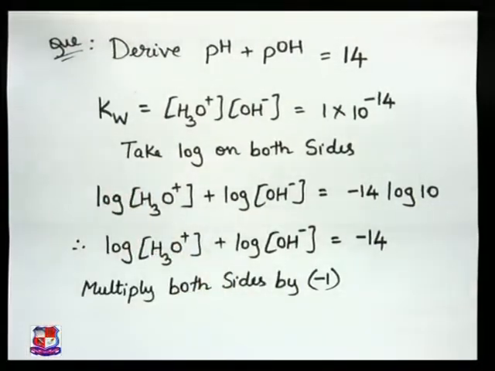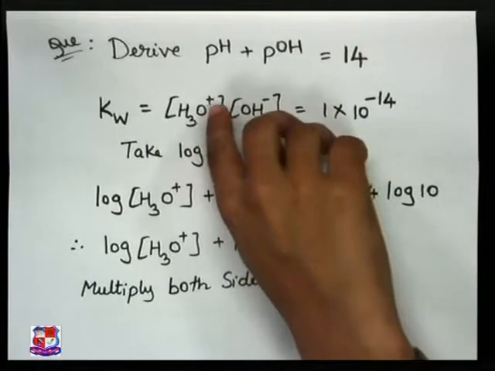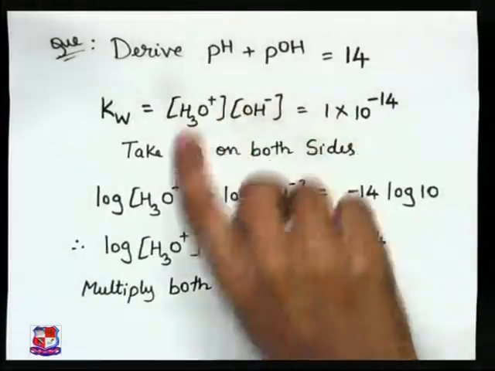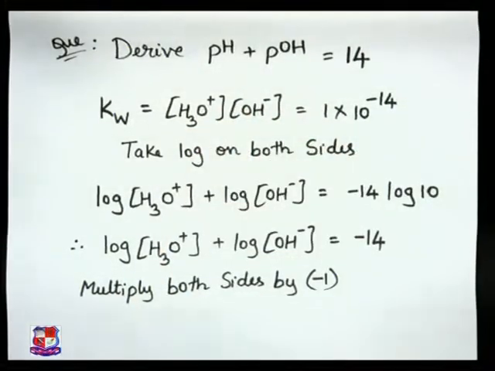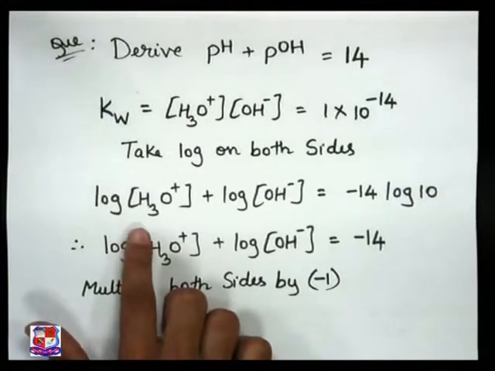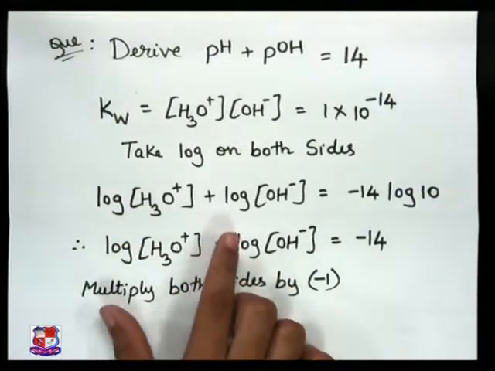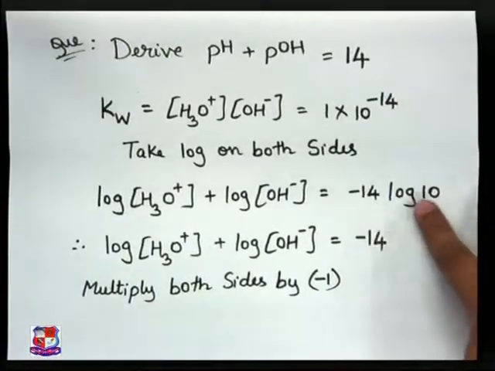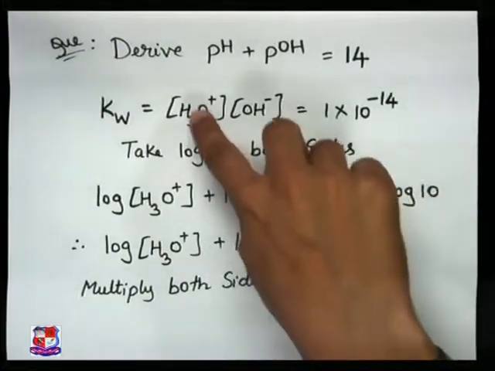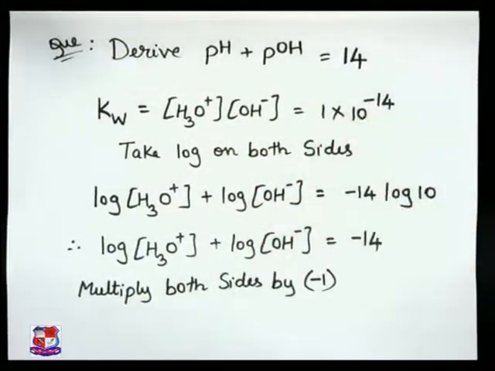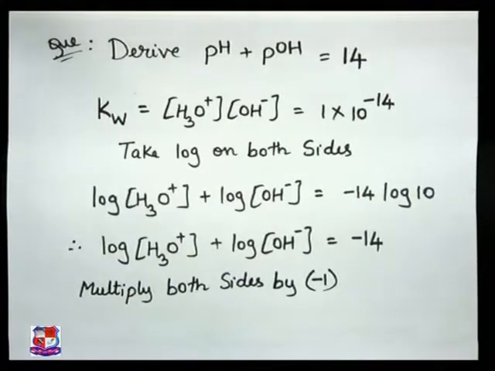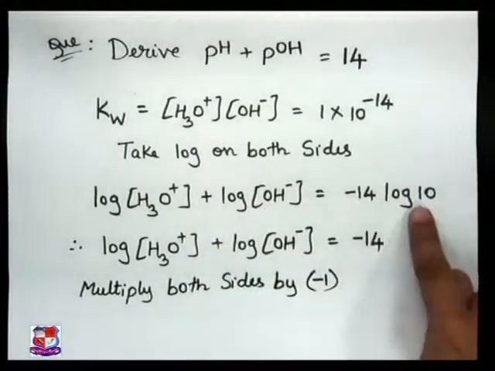If you take log, this product, that is multiplication, becomes addition. So I can write log of H3O plus plus log of OH minus is equal to minus 14 log 10. If I take log on both sides, right hand side as well as left hand side, I will end up with this particular expression.